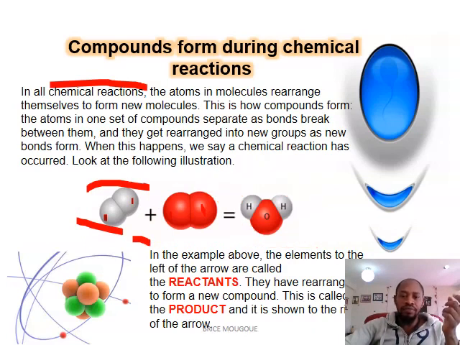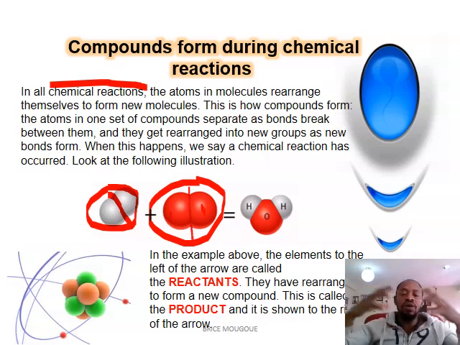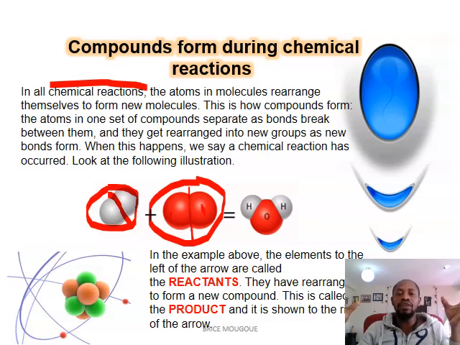Okay. For this rearrangement to take place, nonetheless, bonds must break. The bonds that were joining these atoms to form this molecule here, for example, must break. And the bonds that were also joining these atoms in these molecules must also break, such that each atom is now free. They must find themselves at an intermediate state.